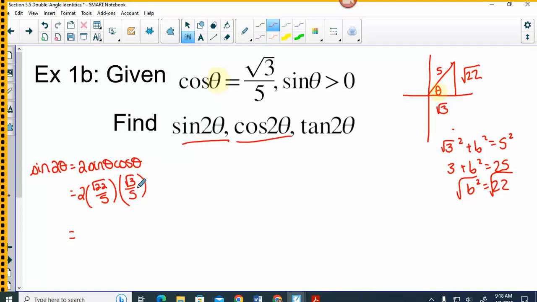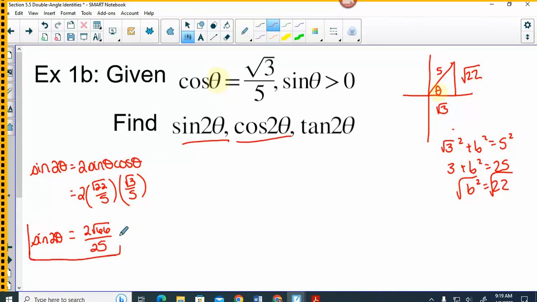If I multiply these, the numbers under the radicals get multiplied together. So that's 2 radical 66 over 25. Again, if that radical 66 can be reduced, you need to do so. 66 is not divisible by any perfect square, so that would be my final answer.